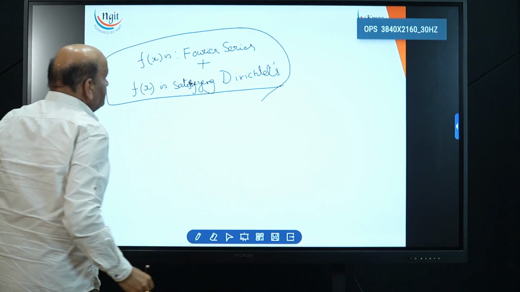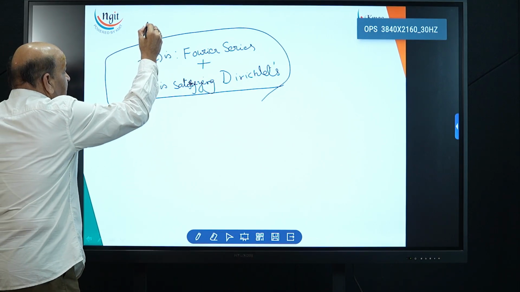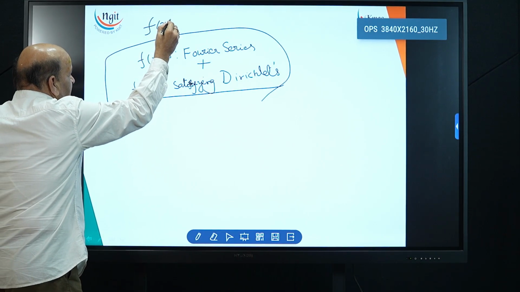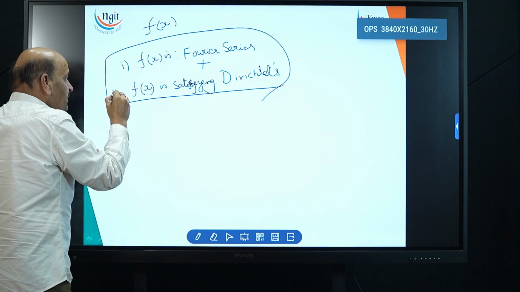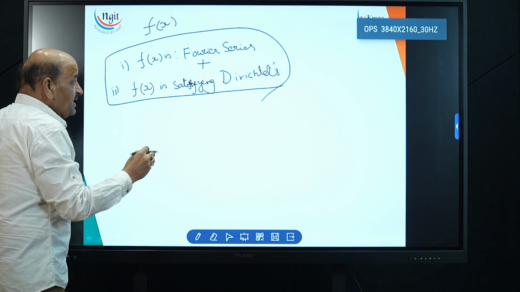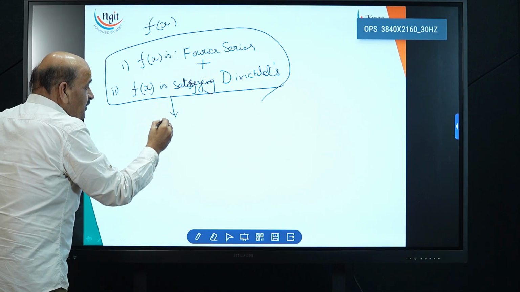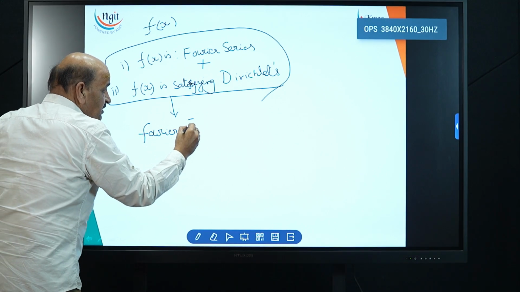Now just look at a function f of x. If f of x can be expressed in terms of Fourier series and it also satisfies Dirichlet's condition, then only can we talk of Fourier integral.